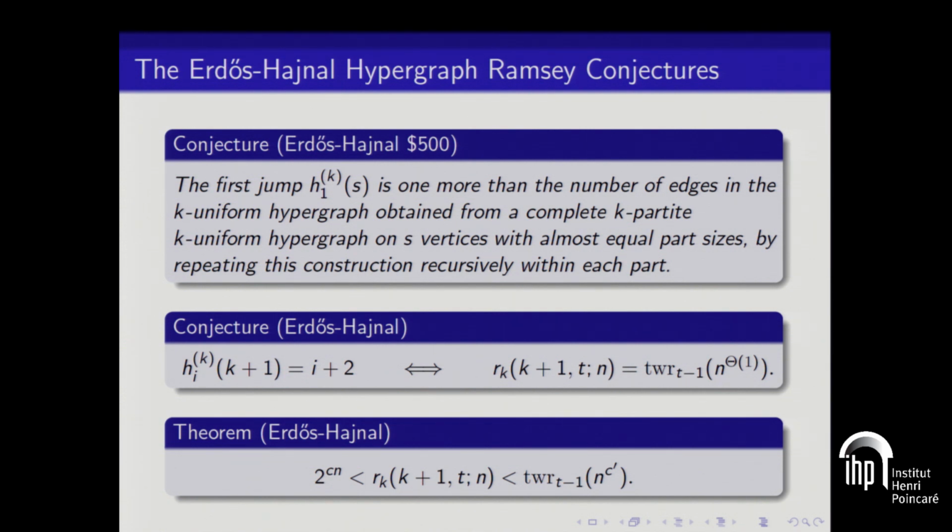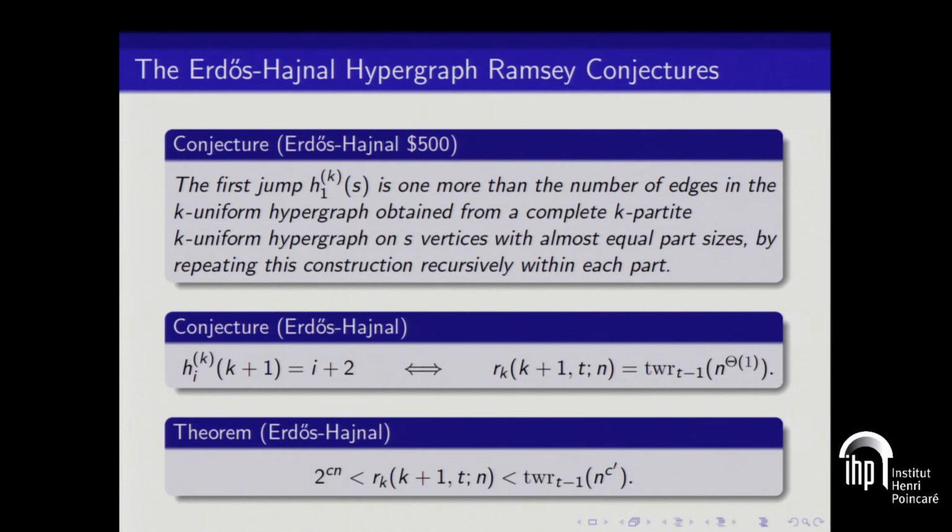The conjecture is that if you have s points, then the value of t for which you jump from polynomial to exponential is the value which is equal to the number of edges in the following construction.